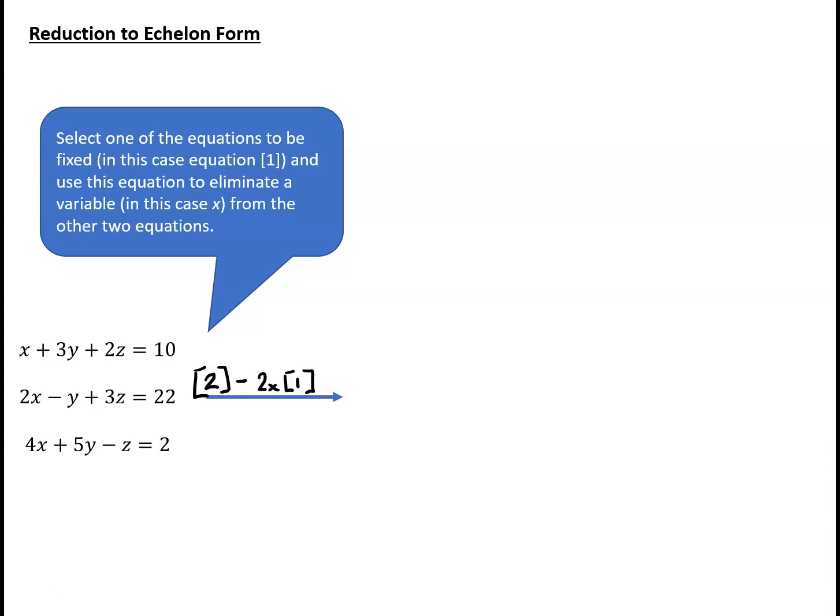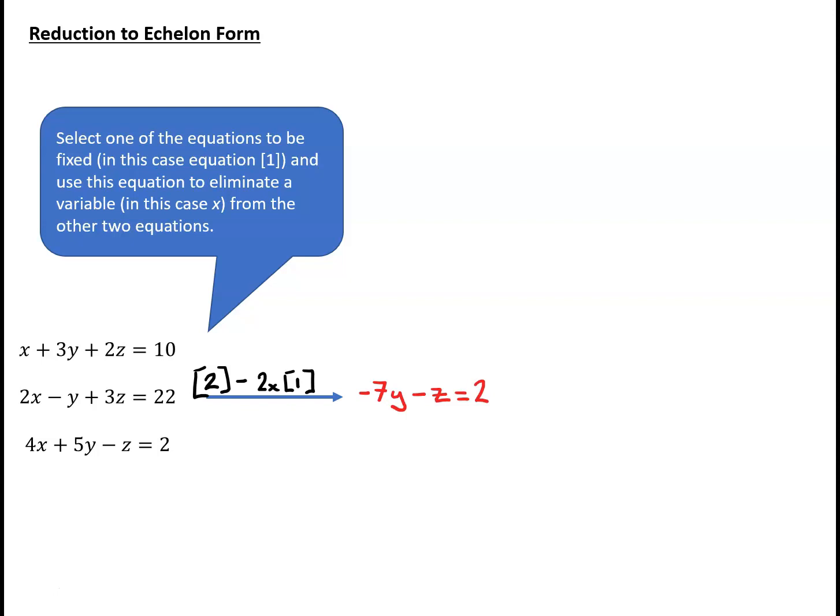The shorthand here is that I'm taking equation 2 and subtracting 2 times equation 1, which is going to give me 2x take away 2x, which is 0, minus y take away 2 times 3y is minus 7y. 3z take away 2 times 2z, which is minus 4z, gives me minus z, and 22 take away 2 times 10 leaves me 2. So I'm going to have minus 7y minus z equals 2.